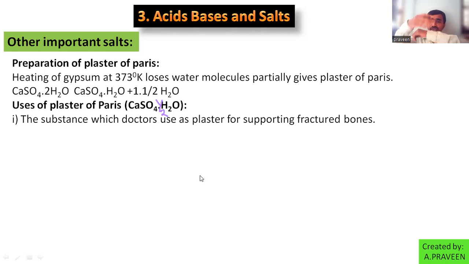The doctors use a soft material to support fractured bones, which hardens when it is dried. Drying means removing water from that composition, which gives hemihydrated calcium sulfate, CaSO4 half H2O. That is POP, used by doctors, orthopedic specialists, as a plaster for supporting fractured bones.